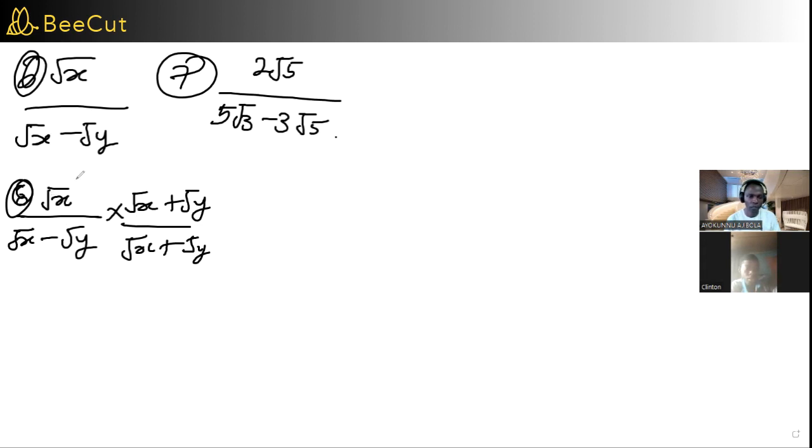So root x times root x is root of x squared.